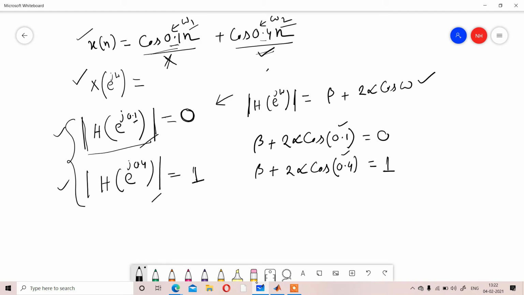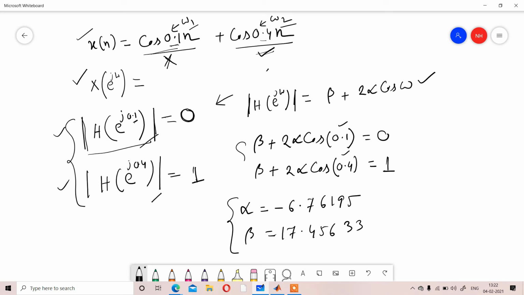If you solve these two equations, you will get alpha equal to minus 6.76195 and beta equal to 17.45633. So if you solve these two equations, you will get alpha and beta like that.